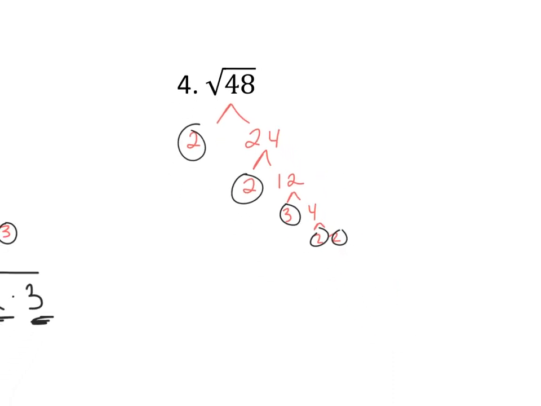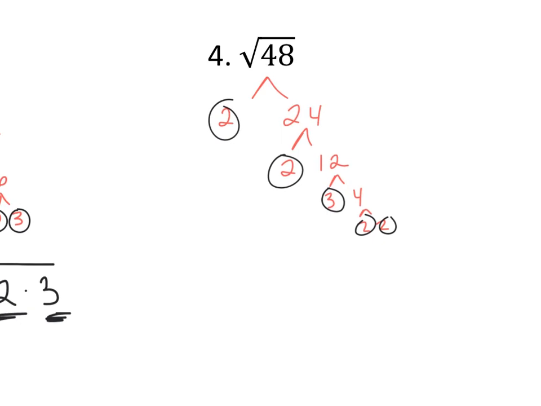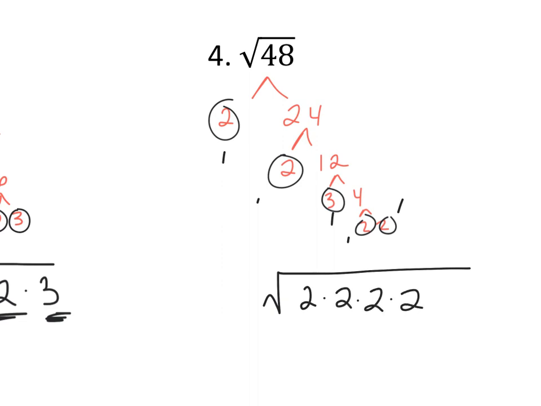Okay. I now write down all my circled numbers on the inside of my radical. So I'm going to write 1, 2, 3, 4 2's, and I'm going to write down my 3. Double on the inside, single on the outside.